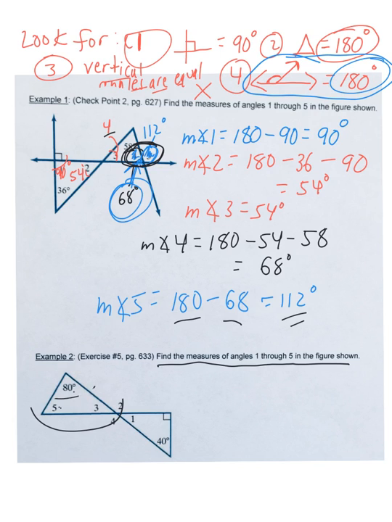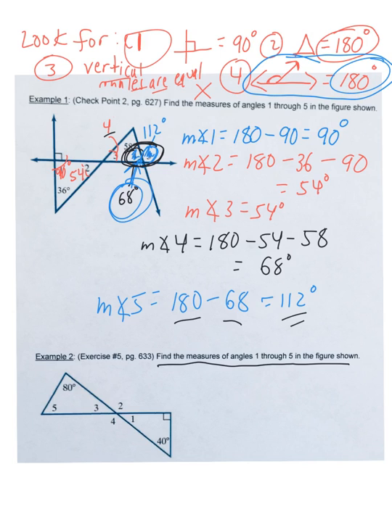However, if I look at the other triangle, I do have, yay, 2 out of the 3 angles. I have a 40-degree angle here, and I have a box for 90 degrees here. Because I have 2 out of the 3 angles, I have enough information to figure out the third angle inside that triangle, angle 1.